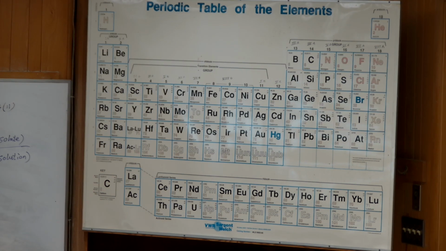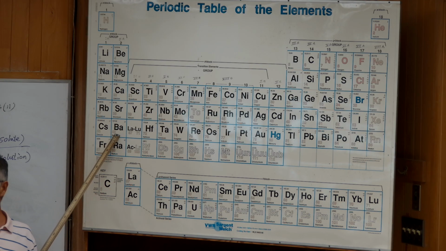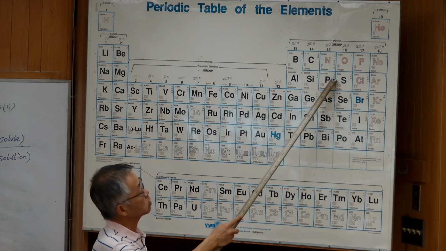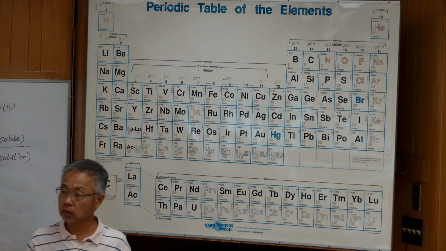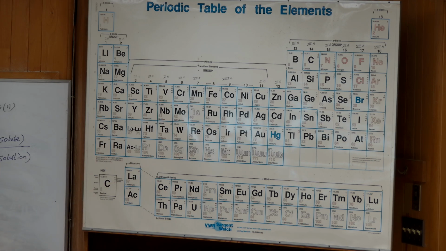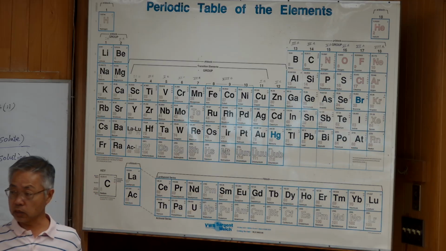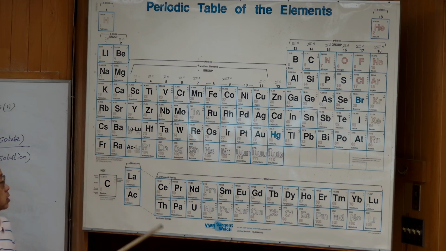Barium 137.3, sulfur 32.06, oxygen 16, 4 oxygen. So 4 times 16 plus sulfur 32.06 plus barium 137.3. Add all these together, molar mass is 233.4. Mass divided by molar mass, you get moles.